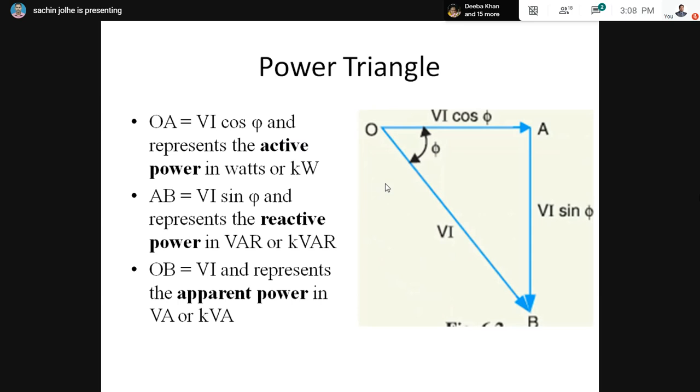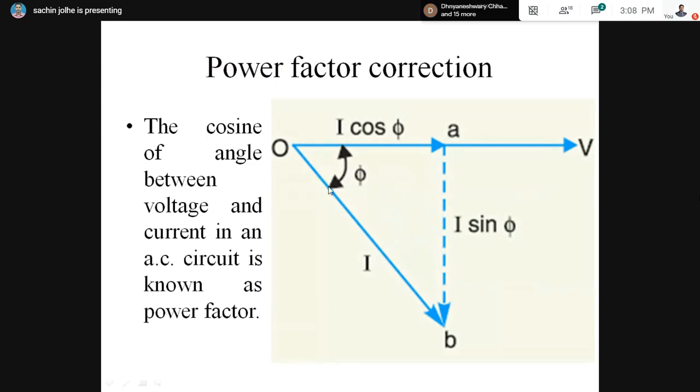Now, what is the power triangle? Similarly to the previous case, it is the power triangle. The line beside the angle, if we multiply it with the hypotenuse, gives the adjacent side.